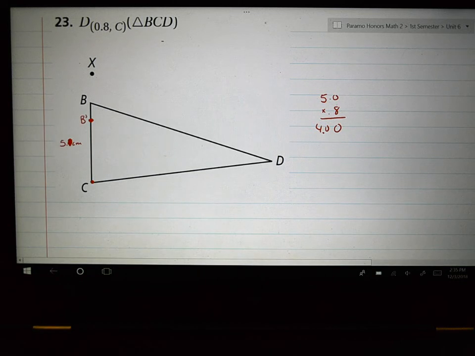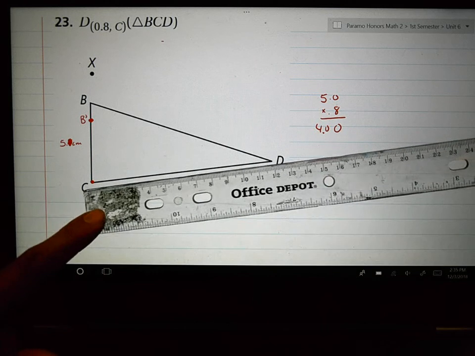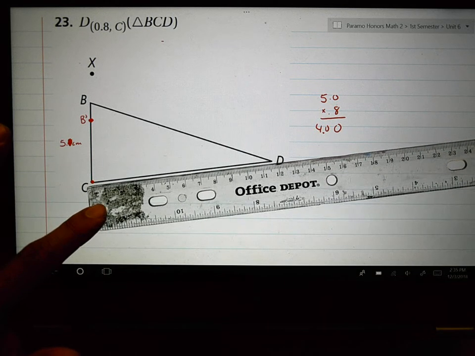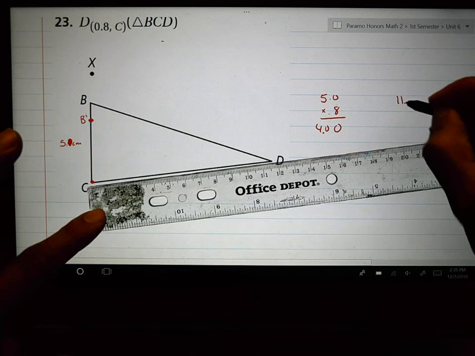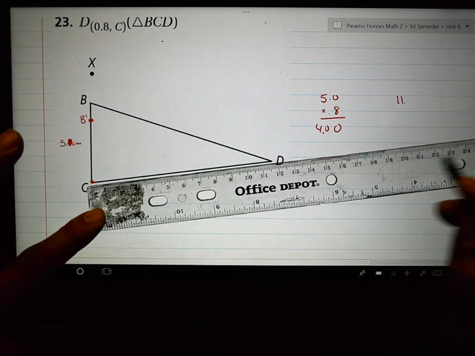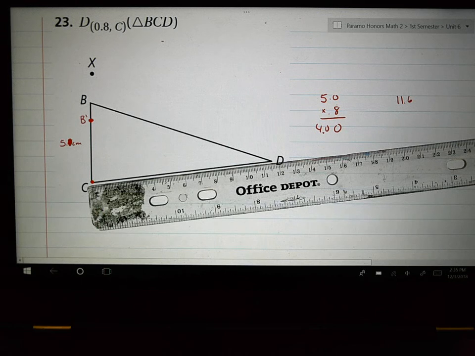I'm going to do the same thing over here for D. From C to D is 11 point, I'm going to be more accurate, as I think it's 11.6. I'm going to go right to the edge of the black line. And I'm going to take that 11.6 and I'm going to multiply it by 0.8.